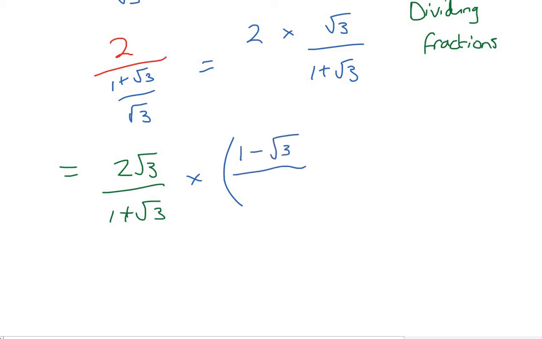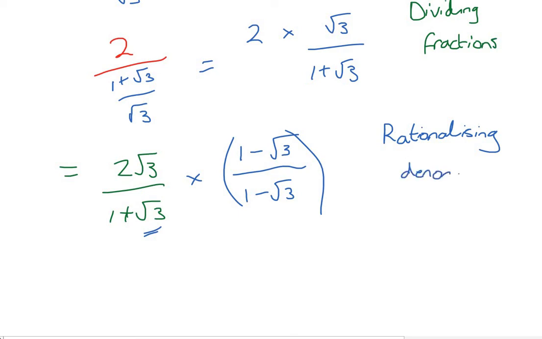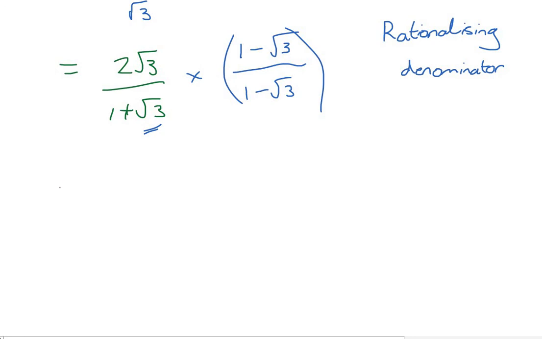So it's the same as the denominator but with a minus sign. And that'll become clear why we do that. So this is called rationalizing, and the reason we do this, guys, is to get rid of any square roots from the bottom. It's not really too nice to divide by a square root, so we want to get rid of that.